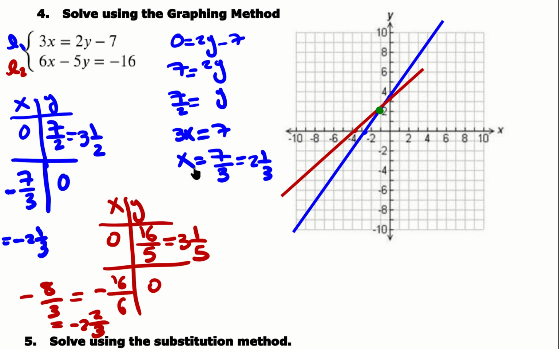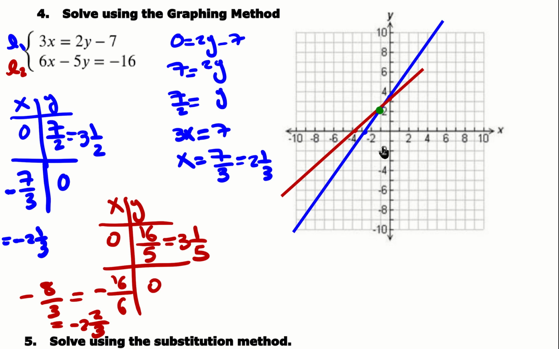Now we're going to repeat with the red table. So we have 0, 3 1/5. So 0, 3 1/5, right around there. And negative 2 2/3, 0. So that's negative 2 2/3, 0.